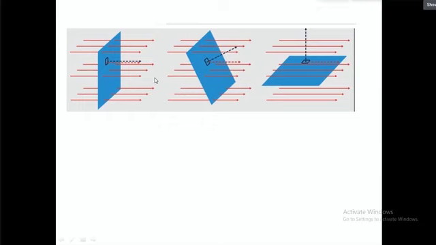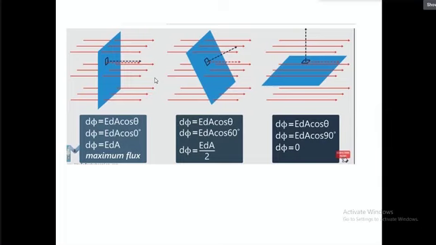In the first case, there is a maximum flux cut by the surface. In the second case, half of the flux is cut by the surface. In the third case, there is no flux cut by the surface because the surface is parallel to the flux lines. The second figure is at an angle of 60 degrees with respect to the flux lines, and in the first case the normal to the surface is parallel to the flux lines.